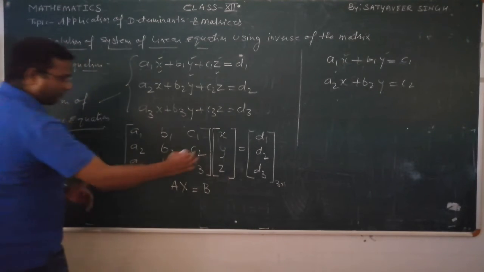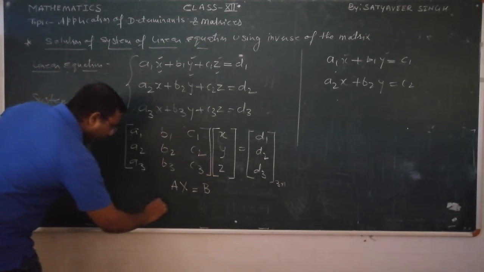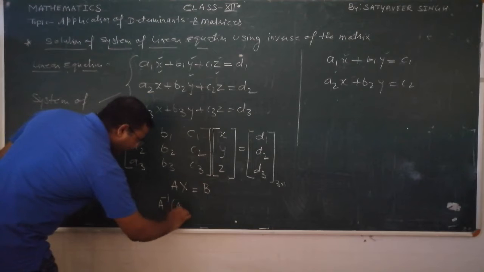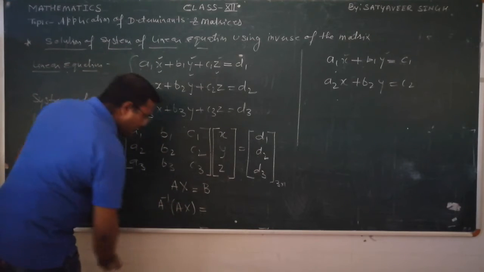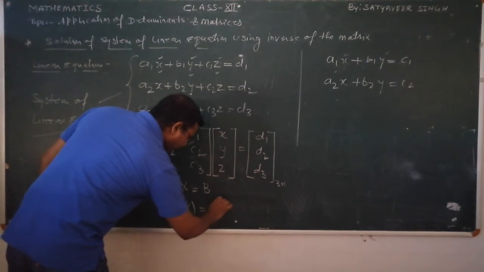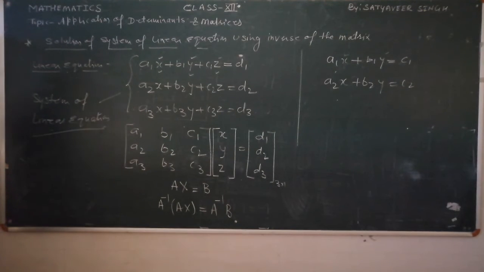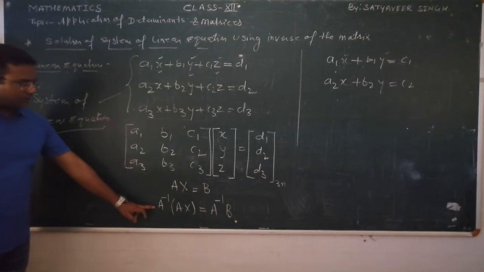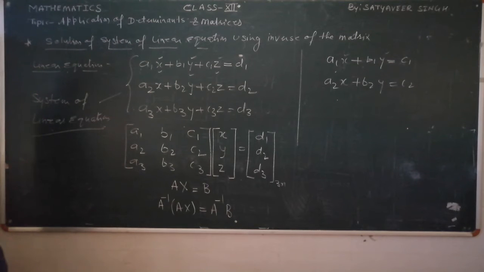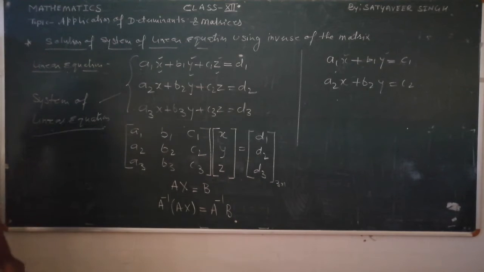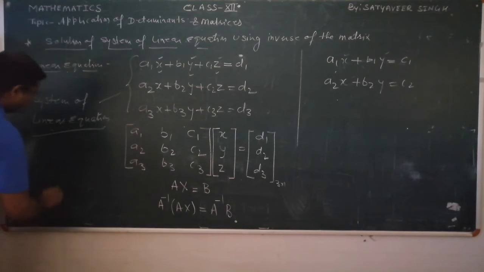Further, if in this equation you multiply both sides by A inverse, then the changes will take place here.